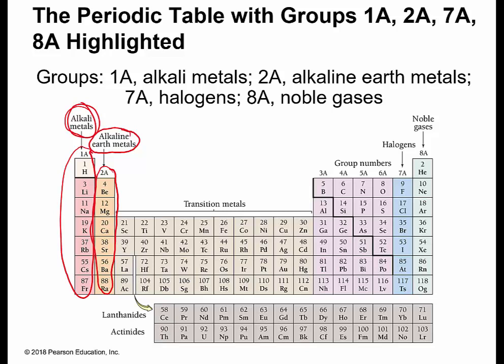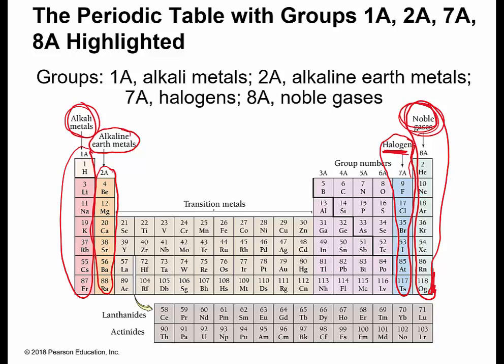Group 7A elements are also called halogens. Halogens are very common in nature, so please remember halogens. And group 8A elements, we're going to be talking about them a lot. Group 8A elements are known as noble gases.